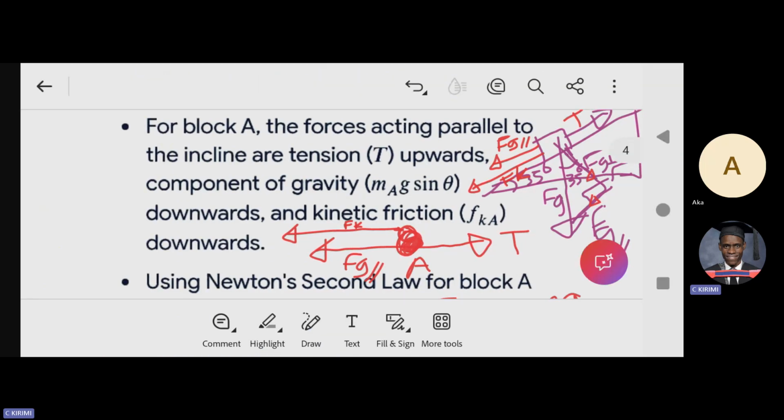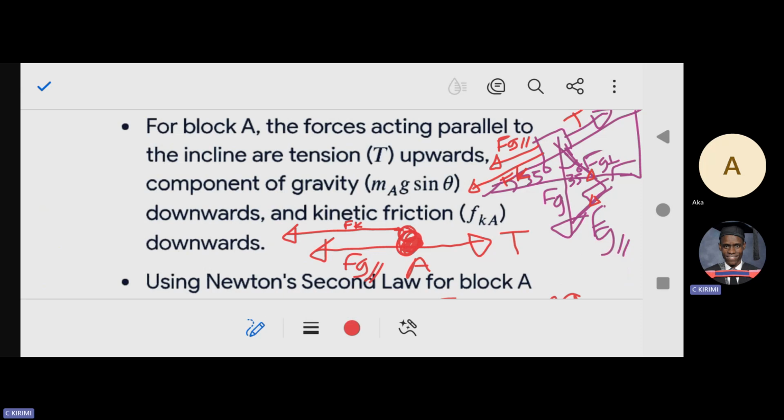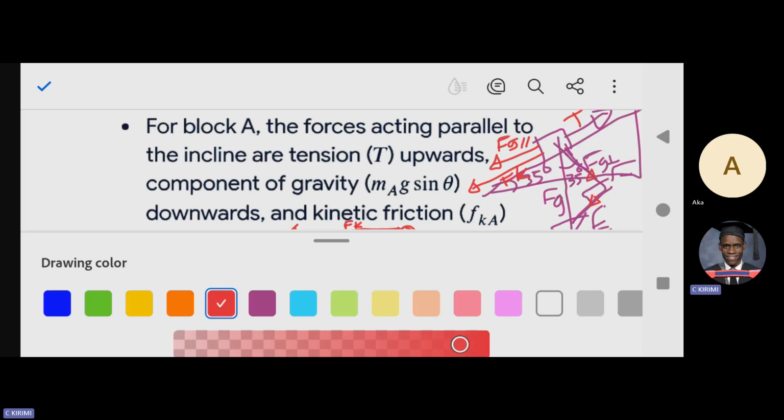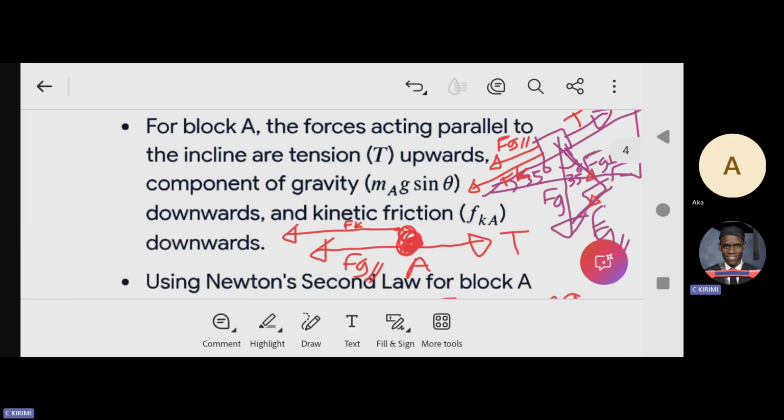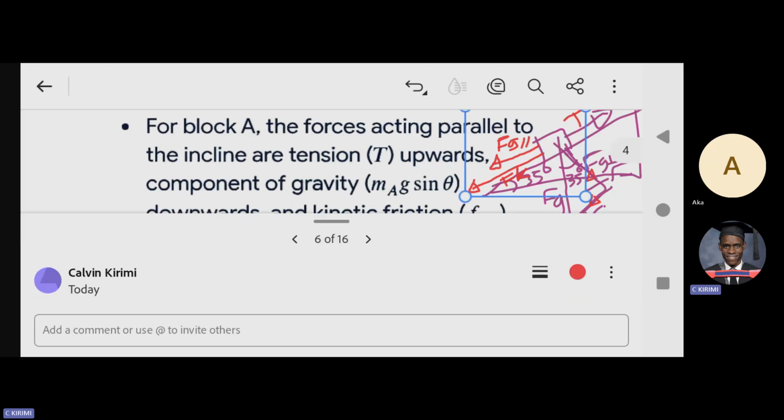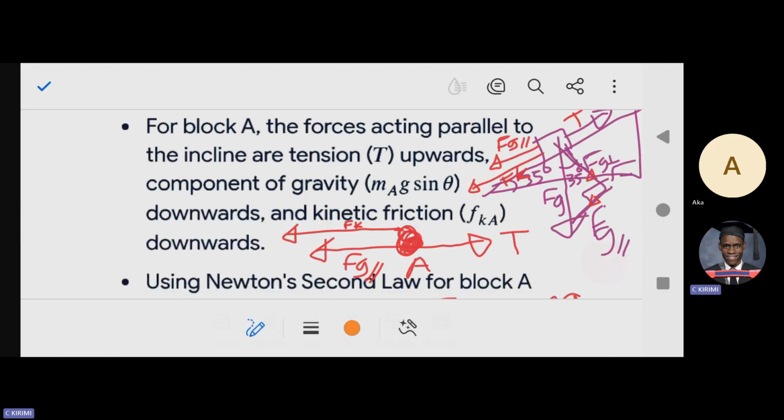When we are doing the calculations, instead of using that FG, we are trying to get rid of that FG. It disappears. We don't want it now in our calculation. How does it disappear? Because it's now contained in the FG parallel and FG perpendicular.